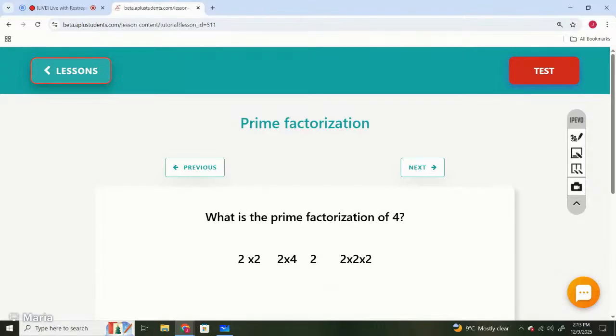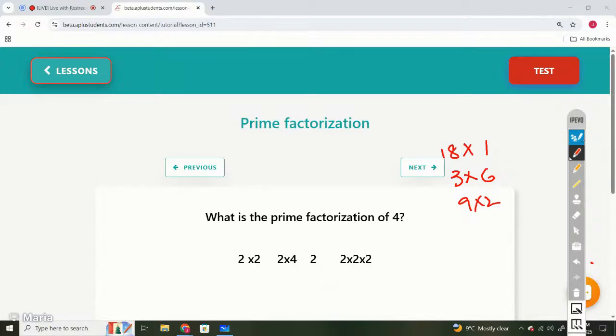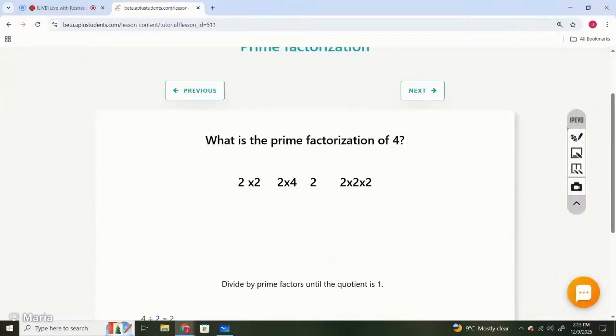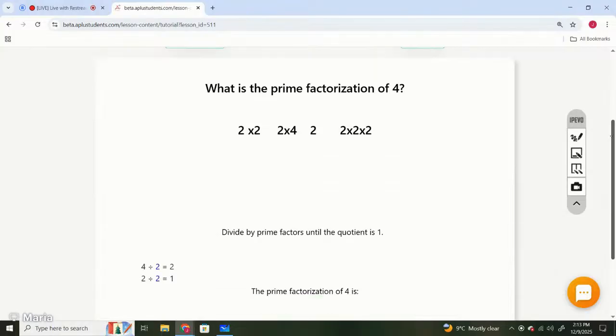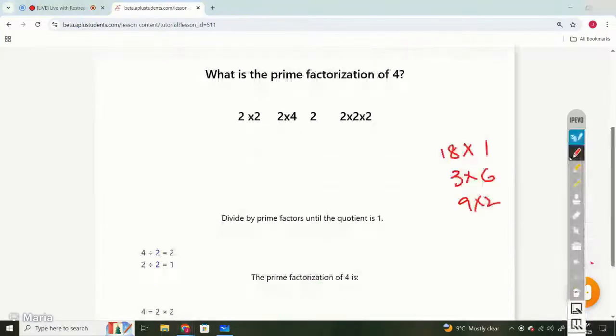The prime factors of 4 are 2 times 2. Basically, we need to divide 4 by the smallest prime number, right? So we have 4. 4 divided by 2 is 2. So the prime factors are 2 times 2.